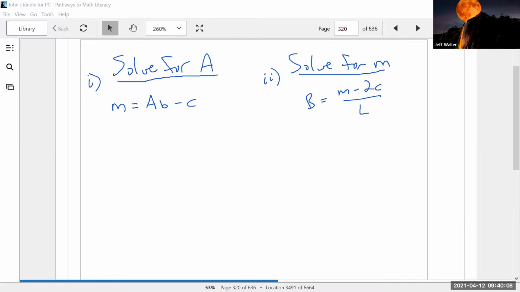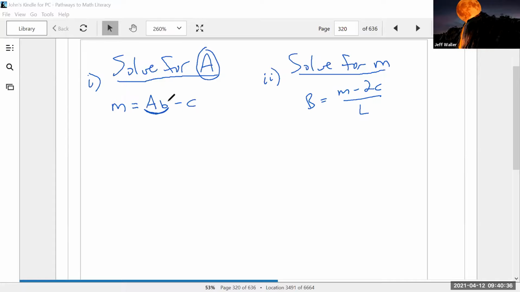All right, guys. You might not be done with the second one, but what did somebody do first on this first one here? Add C. Good. So solving for A, you find what term has A in it, and then you get rid of whatever else is there.